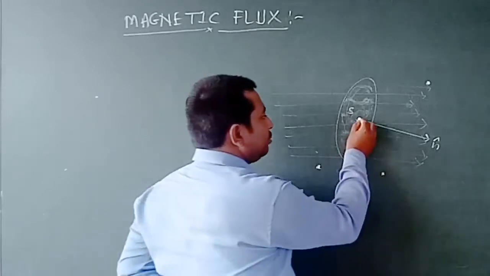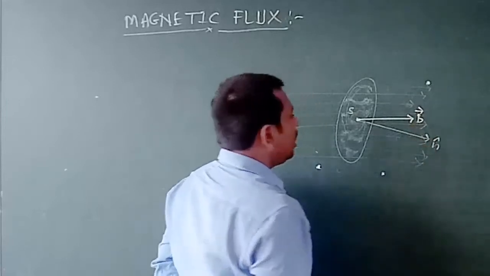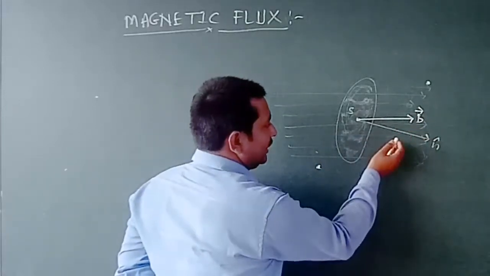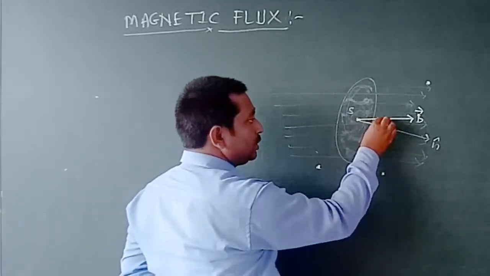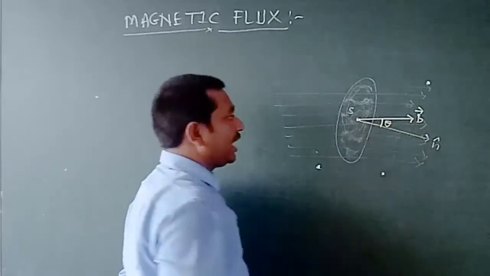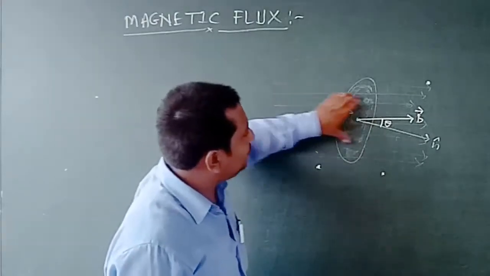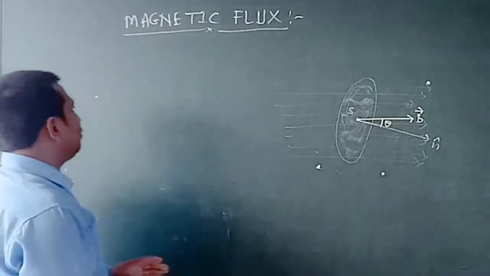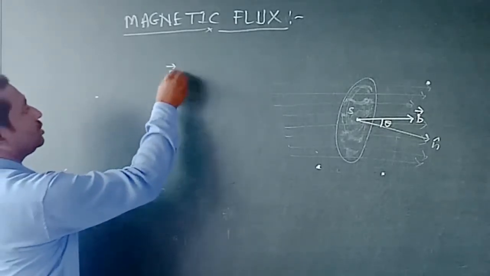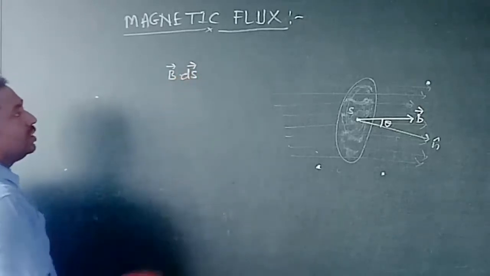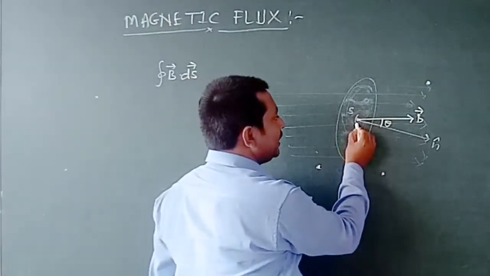So if we take a direction of the magnetic field along this line, and the angle of the area vector of this disk to the magnetic field is theta, then the number of magnetic field lines passing through this disk can be given by a simple formula: the integration of B dot dS, where dS is the small area element.